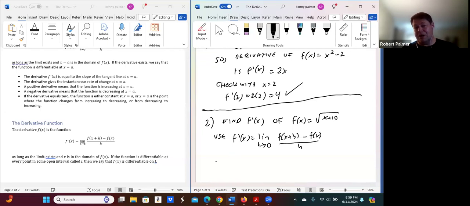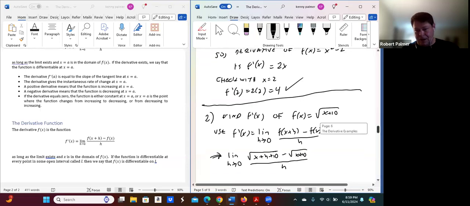Plug everything in, and the limit as h goes to 0 of the square root of x plus h plus 10 minus the square root of x plus 10, over h.